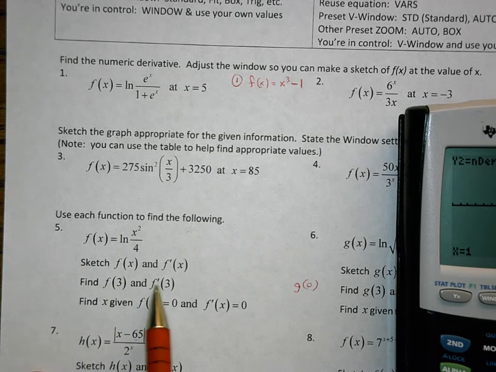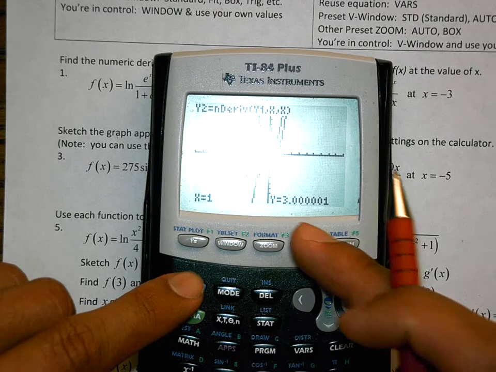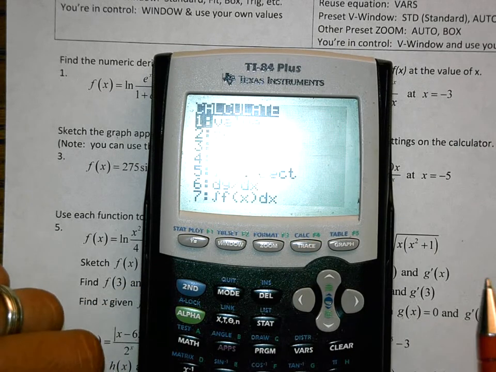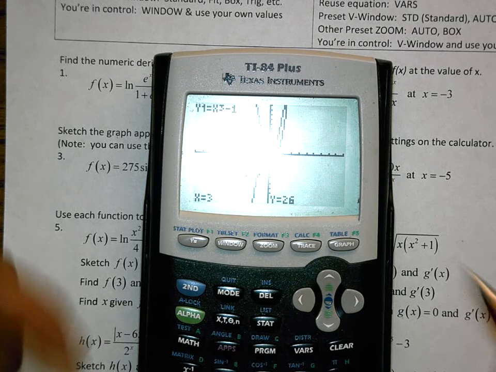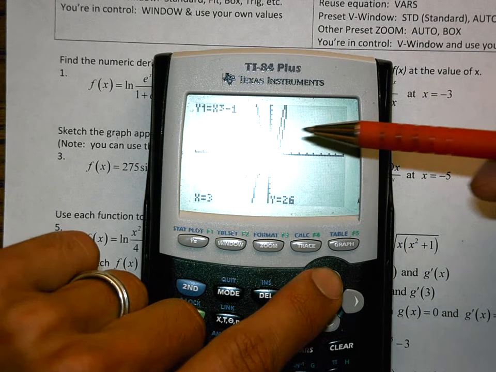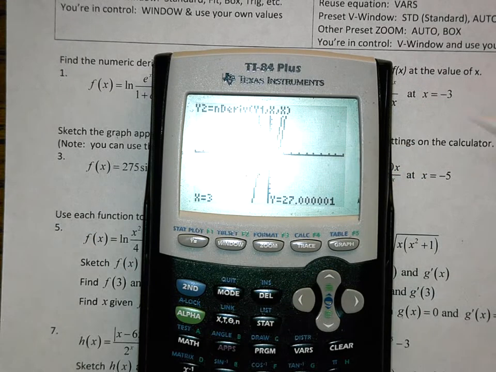You're supposed to find the derivative and plug 3 into that function. And this is how you do it. You basically press second, calculate, figure out that value just like we just did. You can figure out what the value is into the first equation, and if I press up, I can find the value into its derivative just as easily.